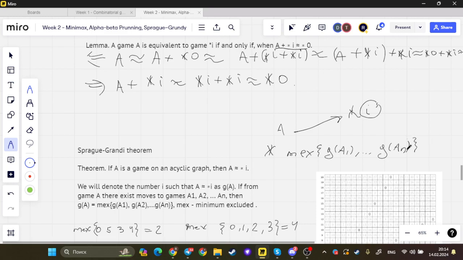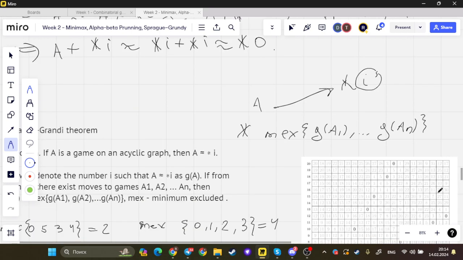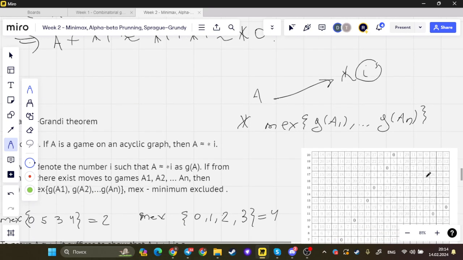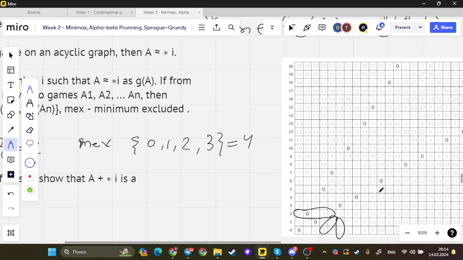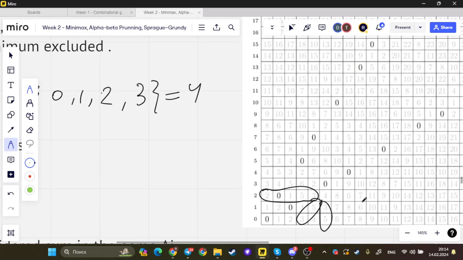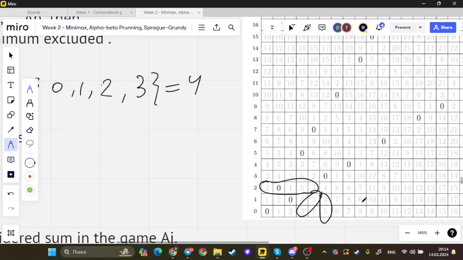Okay, what is mex, by the way? I give an example. We want to know what is the representative element of this game. I remind you that a game is a pair of class and current state.